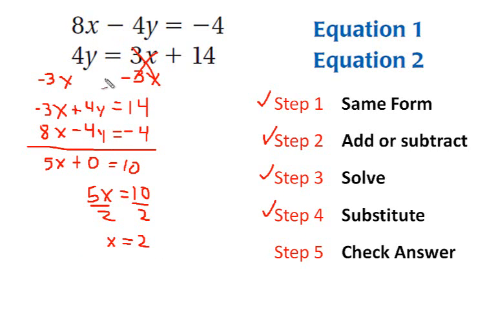So for example, I can substitute it into any equation. I'm going to go ahead and substitute it into this top one. So I have 8x, where my x is equal to 2, and then minus 4y equals negative 4.